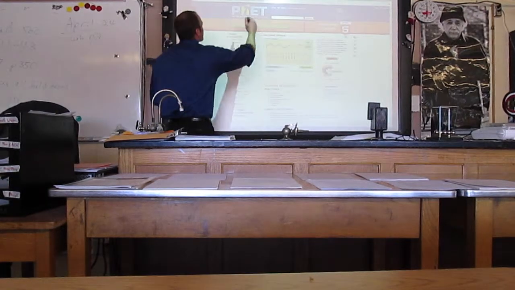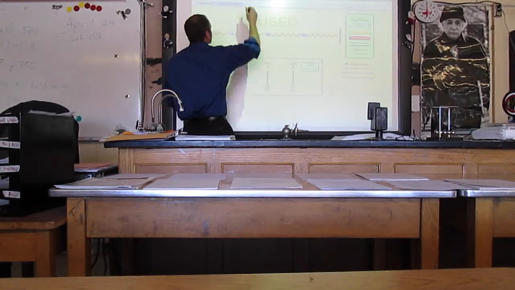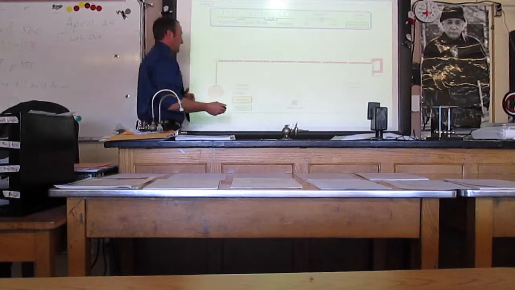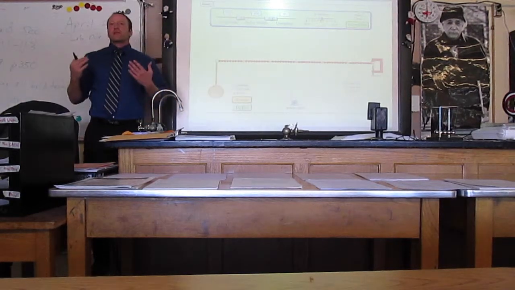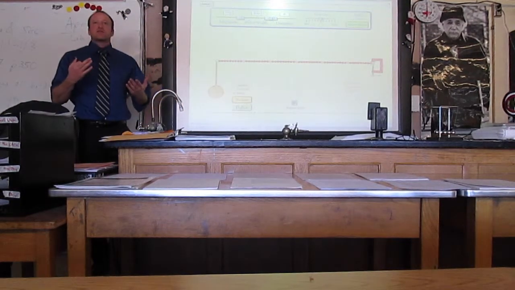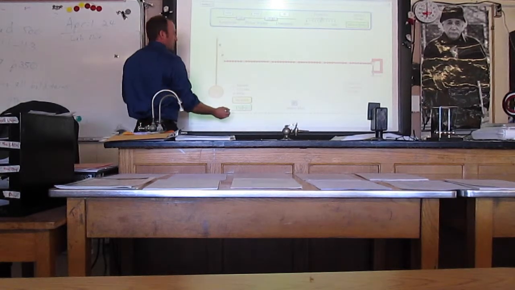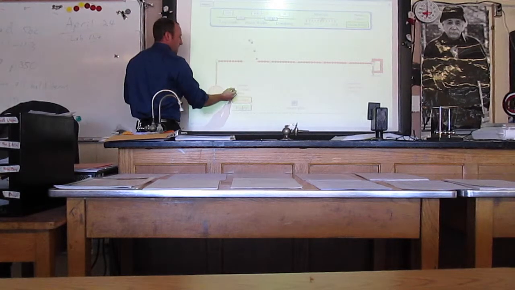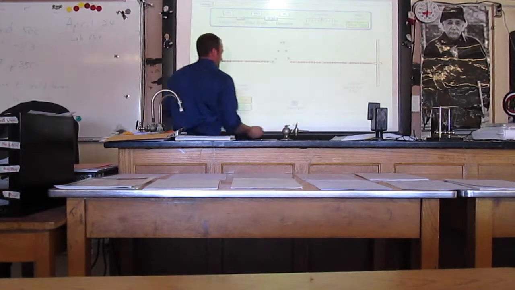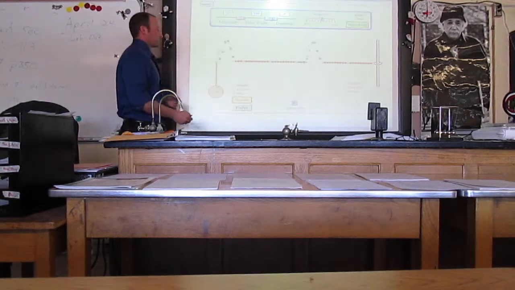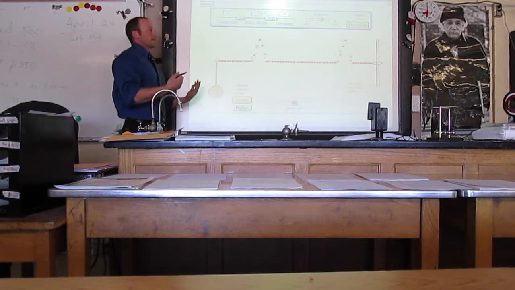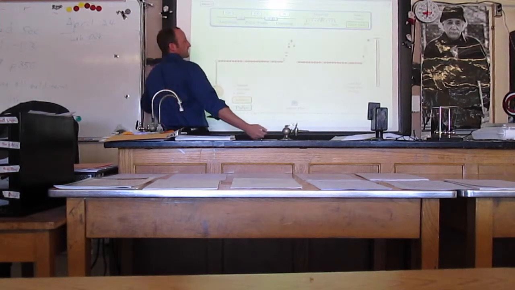Let's do a quick review of some of the things we've been looking at. So remember, waves interact constructively and destructively. They interact with each other. So if I start one pulse, then another pulse, when they meet, they're going to interact with each other.